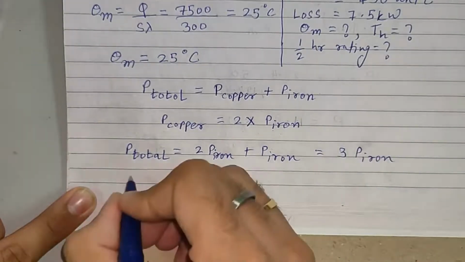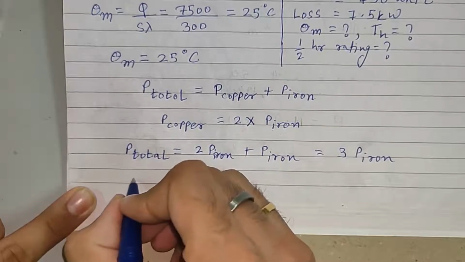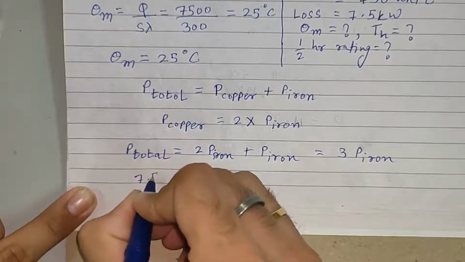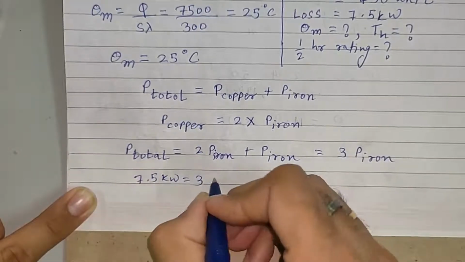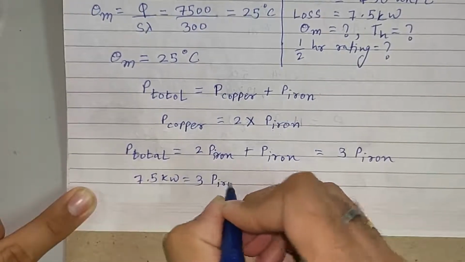So ultimately we know the value of P total is 7.5 kilowatt, which is thrice of the iron losses.